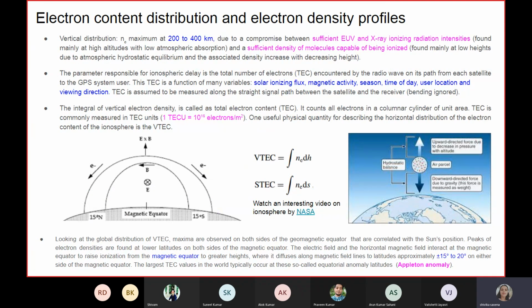So as we spoke about the Appleton anomaly, here you can see in this figure, what happens is there is a pattern of vertical distribution of electron density which is maximum at 200 to 400 kilometers. We saw already that the F layer, the F subregion of the ionosphere, is prevalent at about this height, 200 to 400 kilometers.